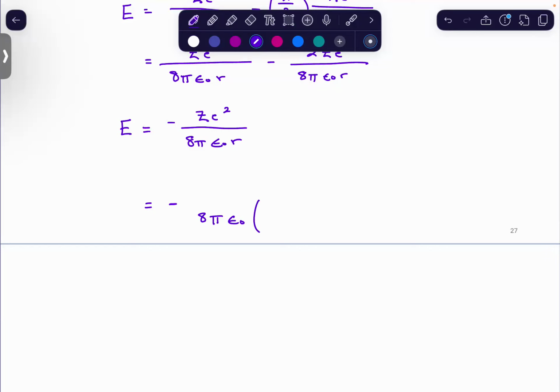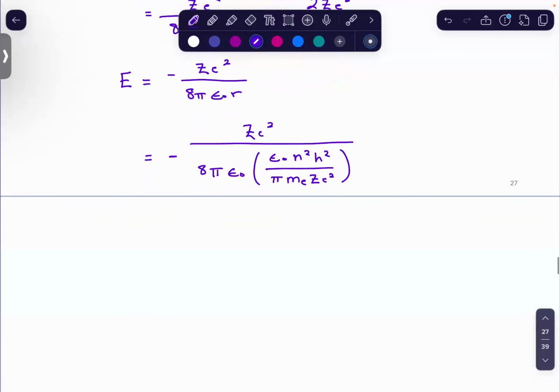But our Bohr radius is epsilon 0 n squared h squared over pi mass of your electron Z e squared. And then we get Z e squared on the top.